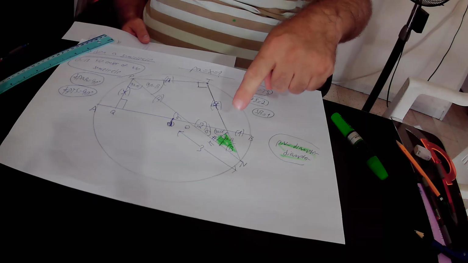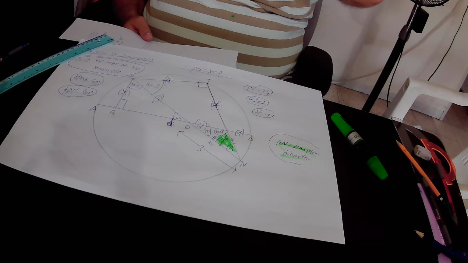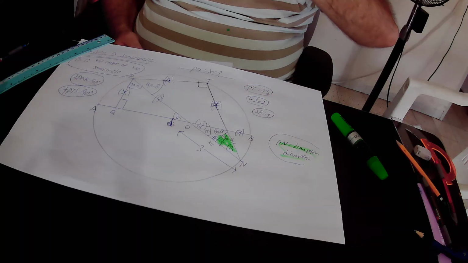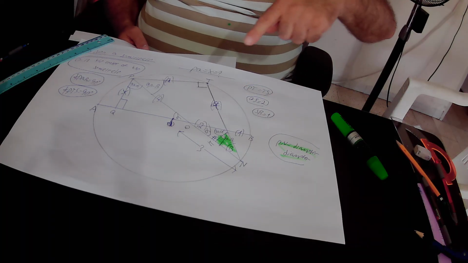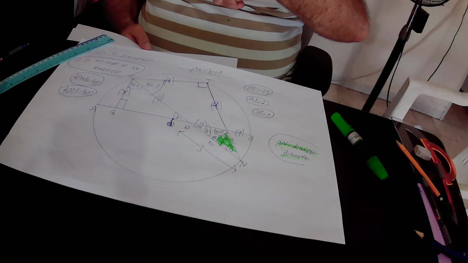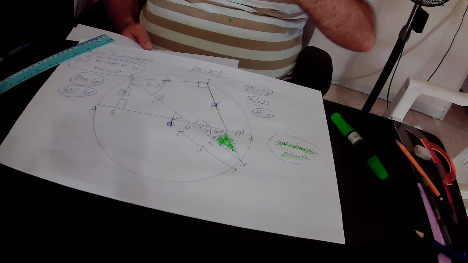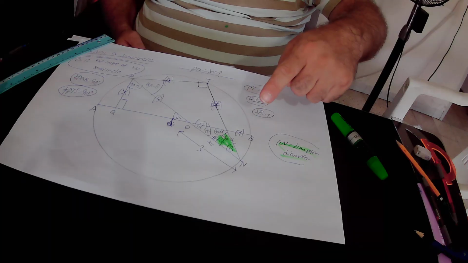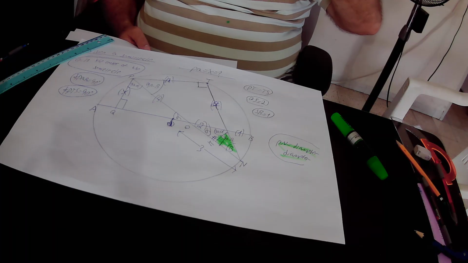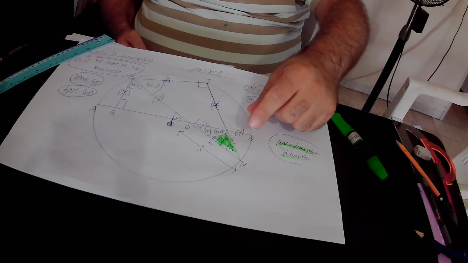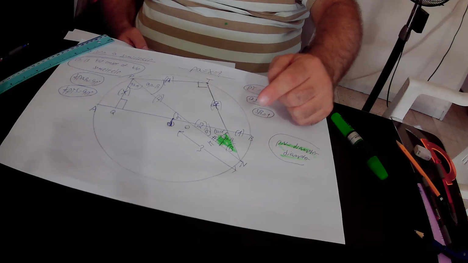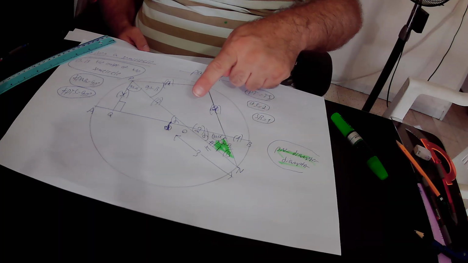We derive that side KS of this right triangle KSO, over side PQ of this right triangle PQO, is equal to side OS of this right triangle SKO, over side PO of the right triangle PQO.